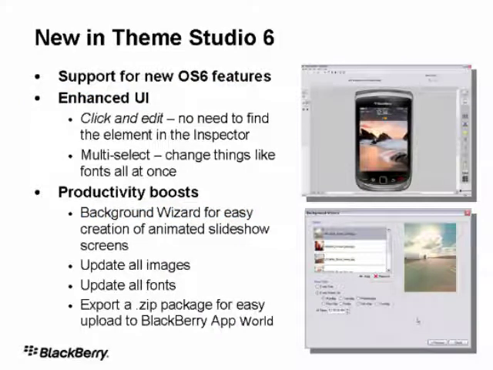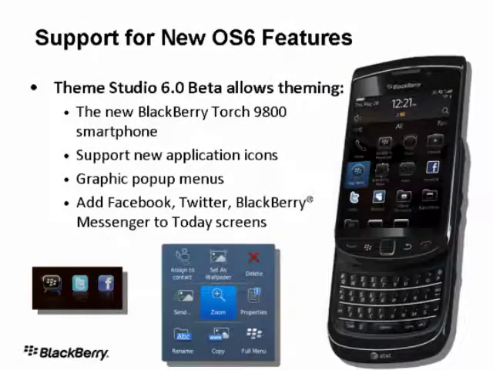A few things used to annoy me in the previous version, Theme Studio 5. If you wanted to change a font, you had to do it screen by screen. On every single screen on the phone, you had to change the font. Then on the email screen, you had to change the font. Now you can update all the fonts in basically 1 or 2 clicks, and update all the images.